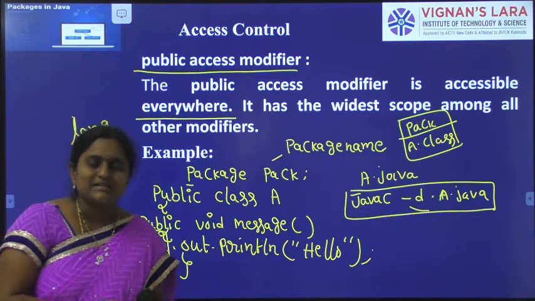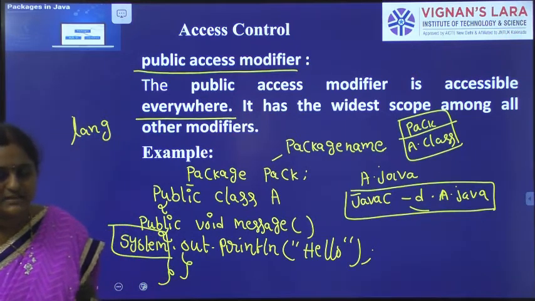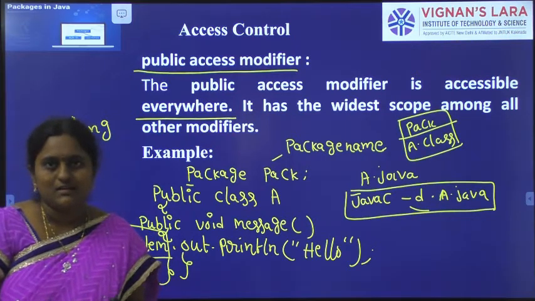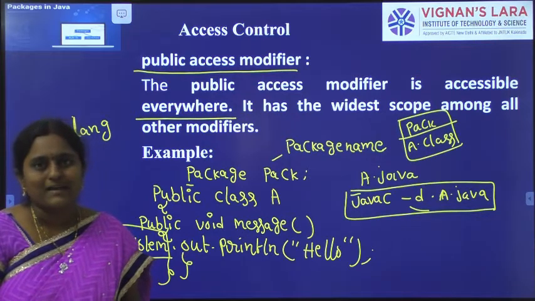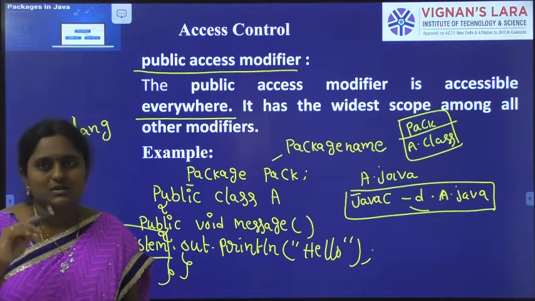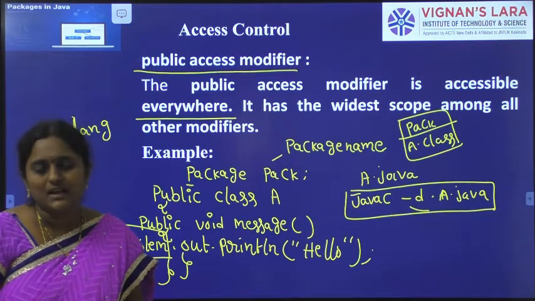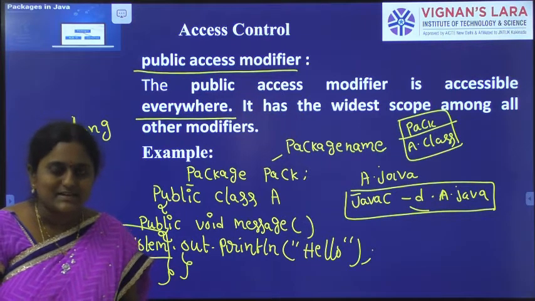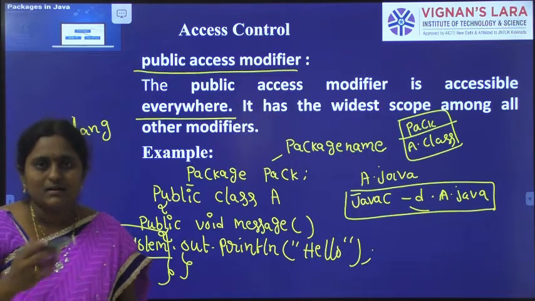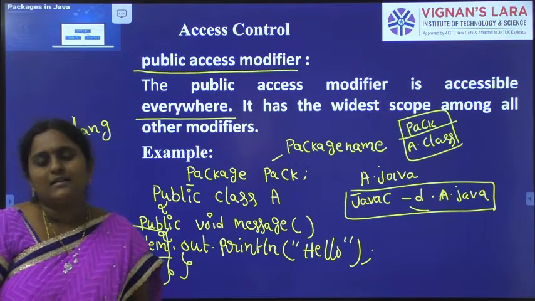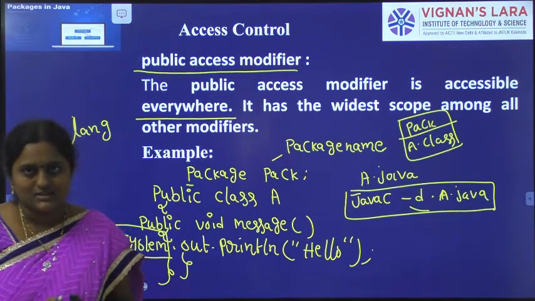In Java, lang is a default package. It is automatically imported at the time of compilation and is available in every Java class. Users can't declare the lang package explicitly.